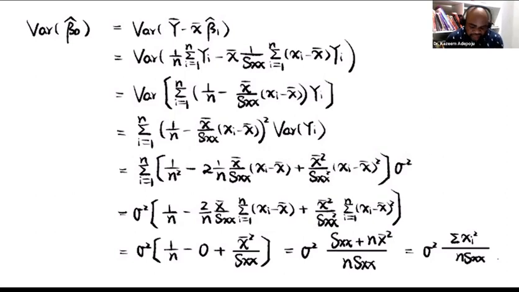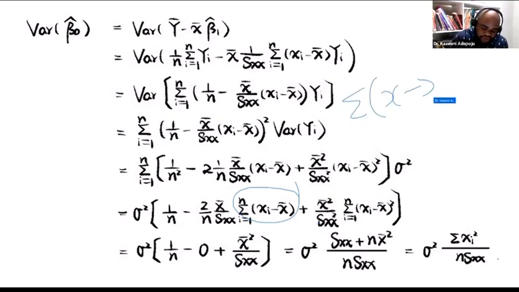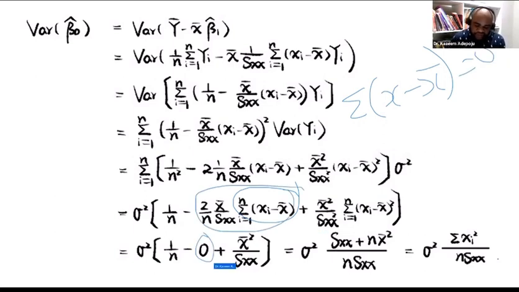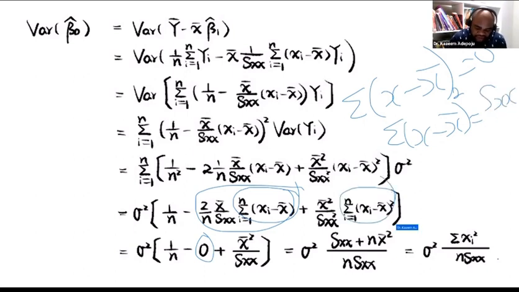Now, having this, there's an assumption about this: the sum of deviation is 0. Remember that? The sum of deviation is actually 0, so the whole of this is going to be 0. That's why you have that. And don't forget, the sum of x minus x bar squared is Sxx, so this is going to be Sxx.